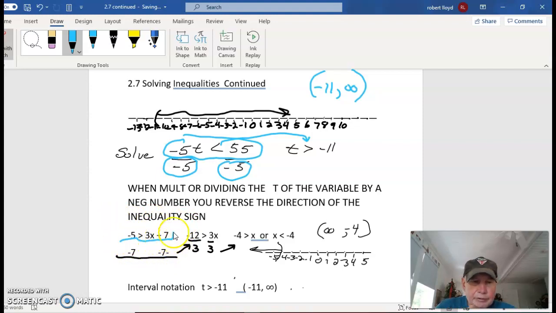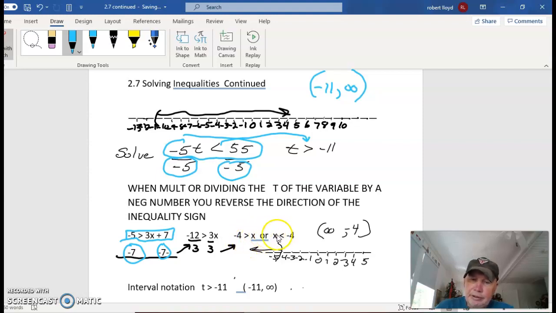Negative 5 greater than 3x plus 7. So we treat this inequality sign as an equal sign. So first of all, we subtract 7 from both sides. We get negative 12 is greater than 3x. The 3 is multiplied by the x, so we undo it with division, and we end up with -4 is greater than x.